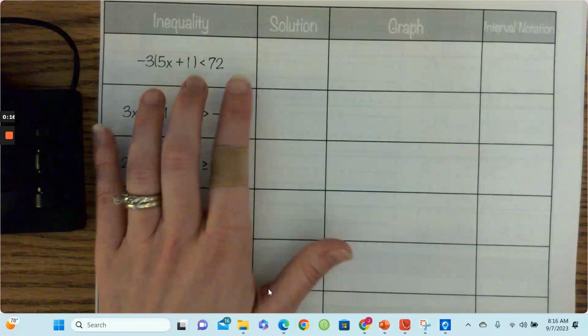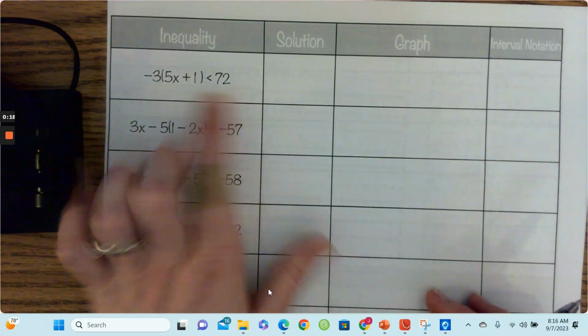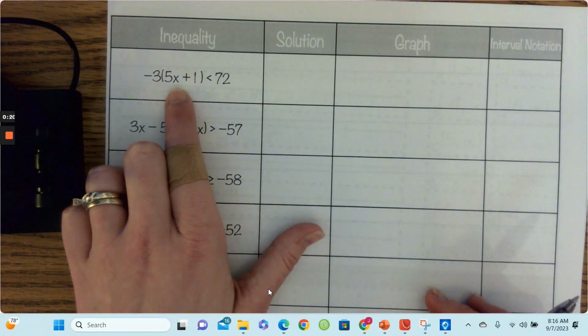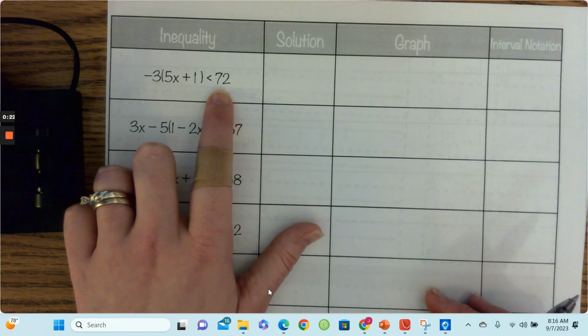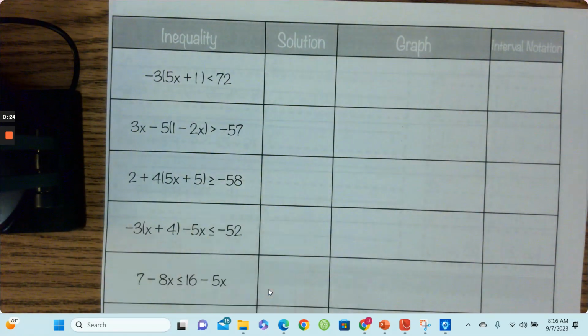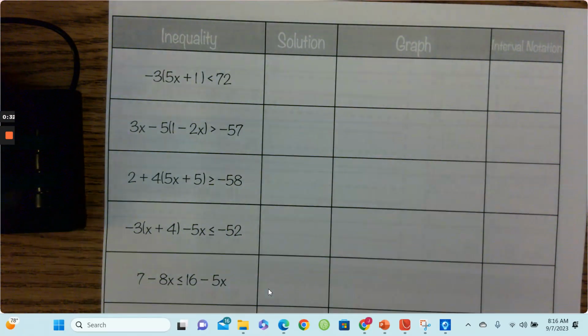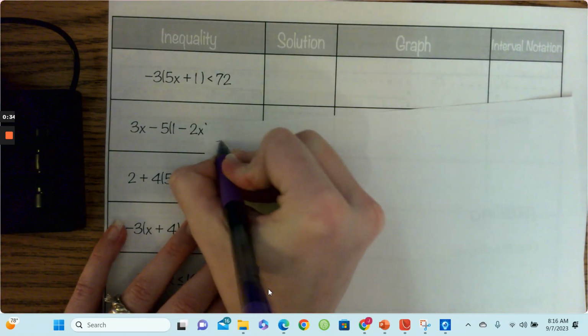So let's start on this side that starts with -3 times 5x plus 1. These are real similar to the ones that we did yesterday. First thing that we've got to do with these is solve them.